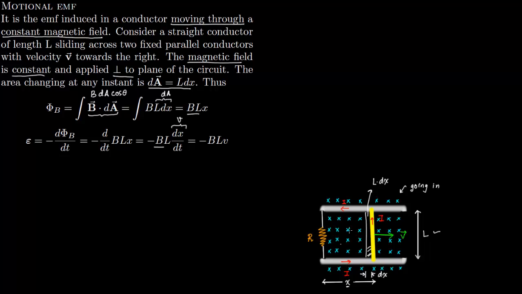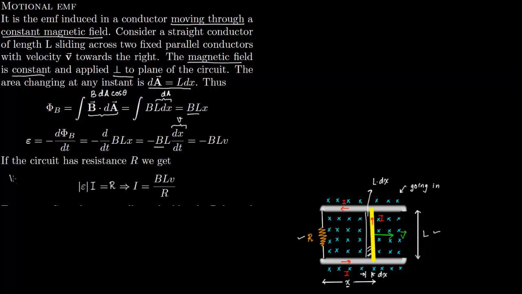Now suppose the circuit has resistance R. We have already put a resistance R here. If the circuit has resistance R, we know that V is equal to IR. Now V is nothing but the EMF here. So we replace it by the absolute value of EMF, so that absolute value of E equals IR.